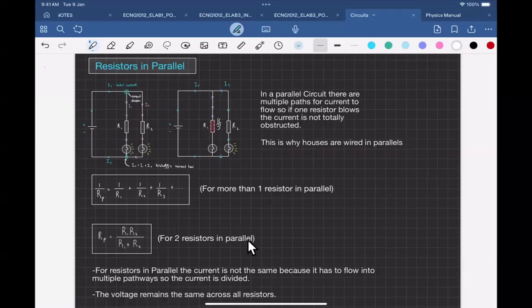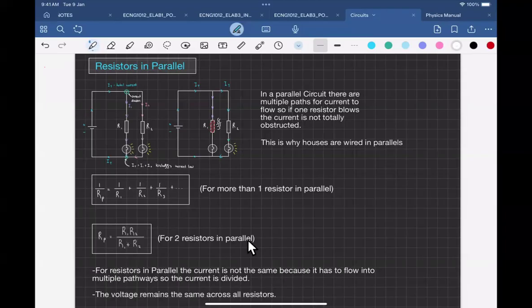Guys, I'm asking you a question. Aliyah, if I want to figure out the current through R1, what do we do?